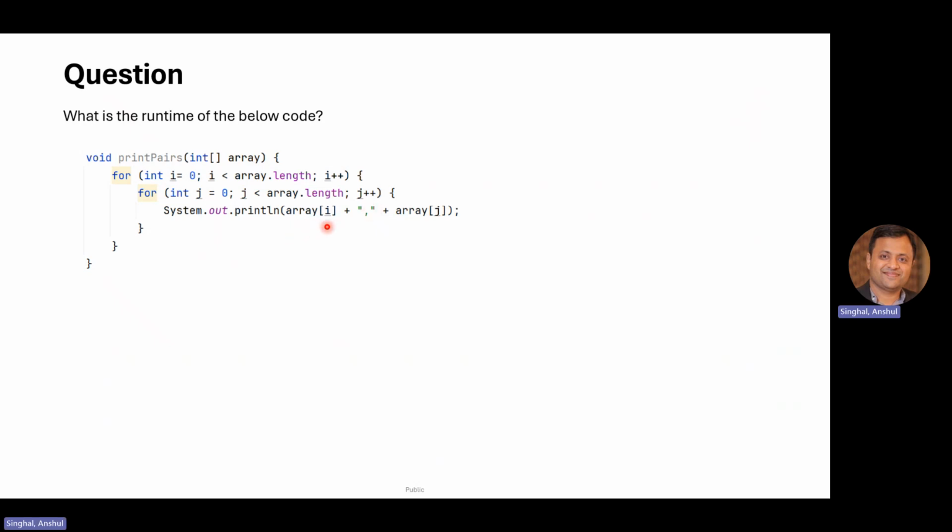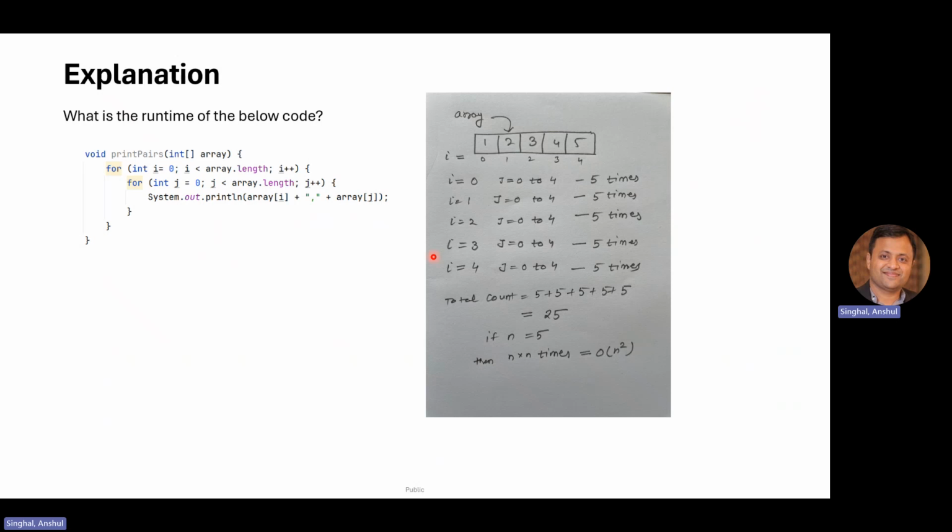Here we are printing array[i] and array[j], right? I think I have drawn it down.